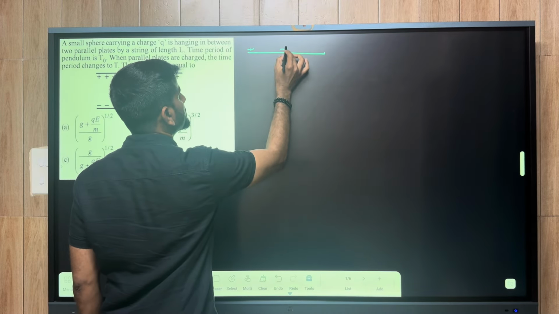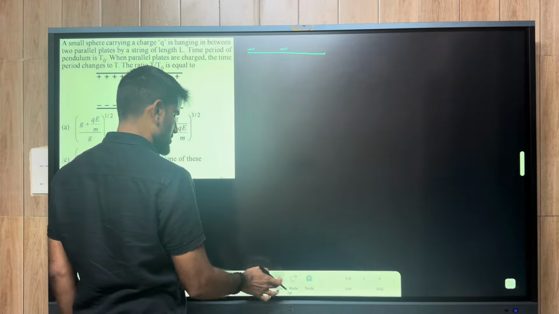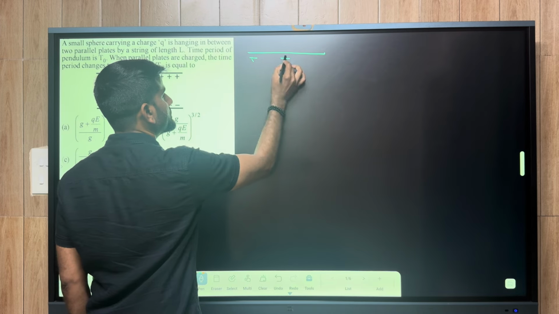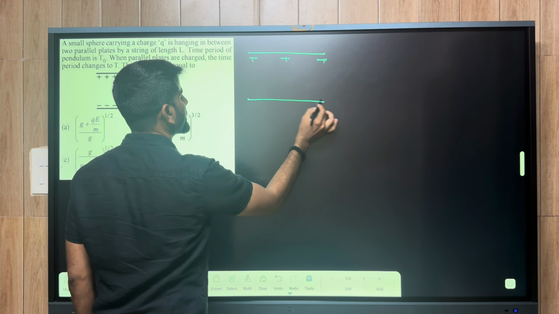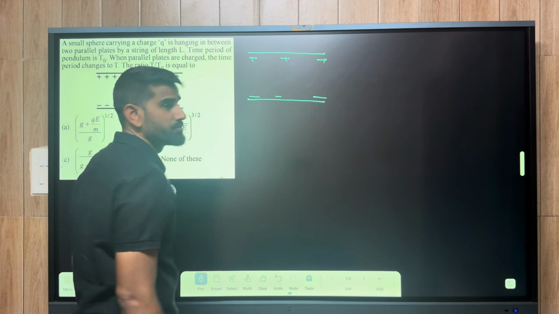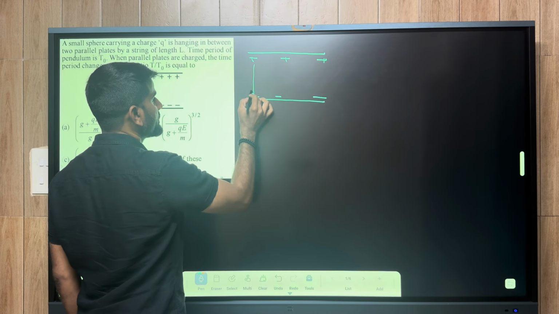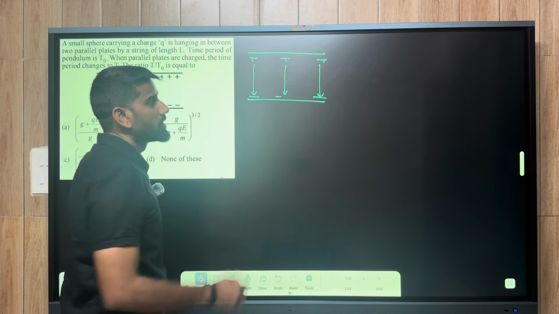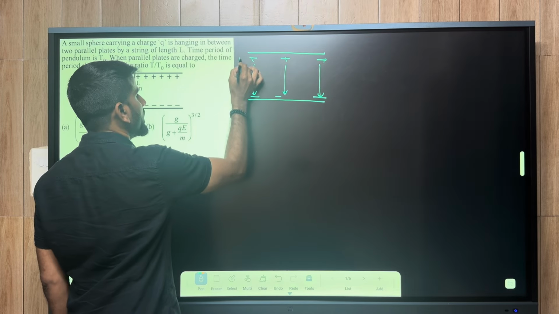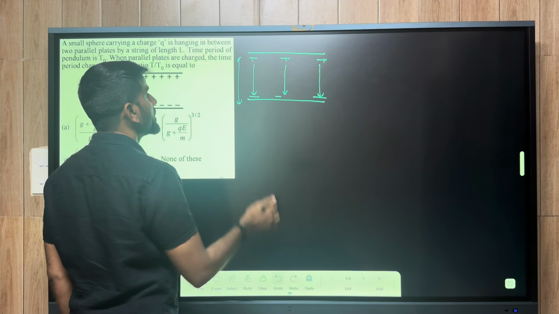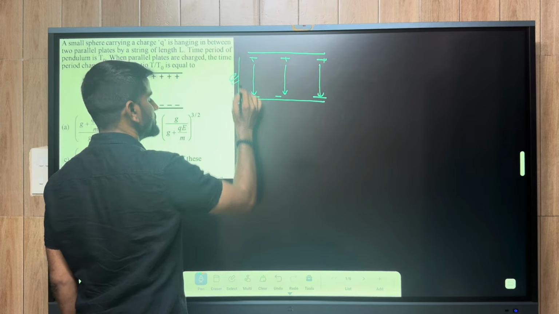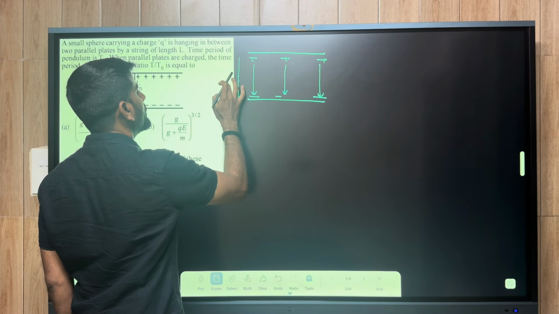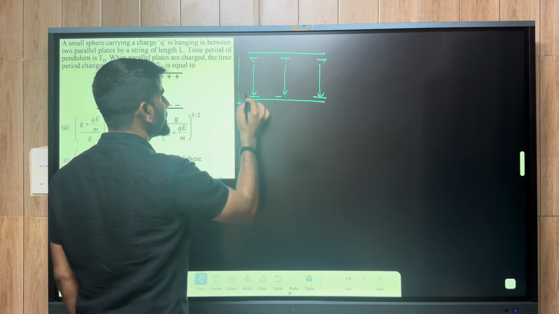This plate is positively charged, and this plate is negatively charged, and there exists an electric field between the two plates. Let the electric field between the two plates be E.